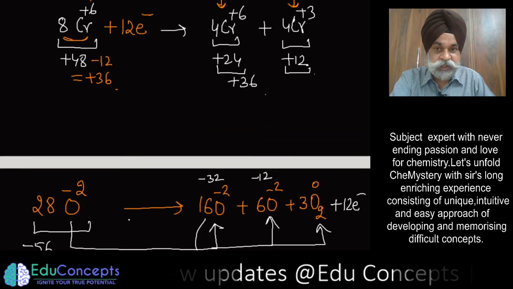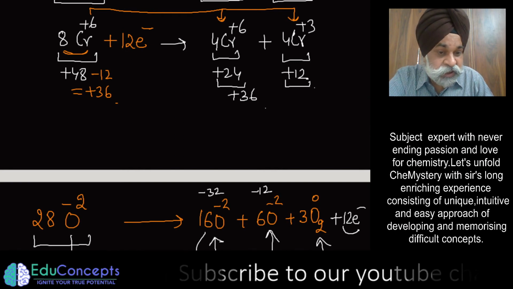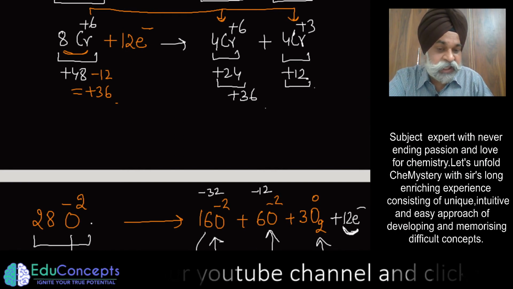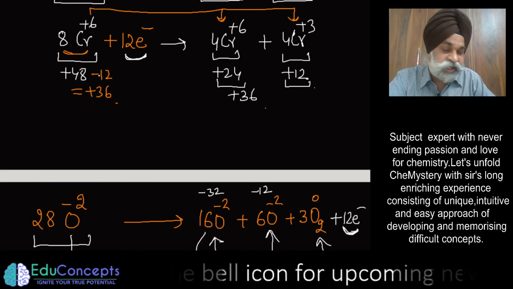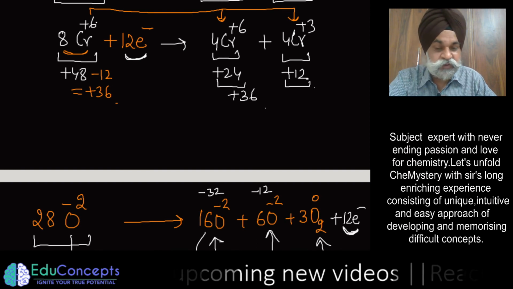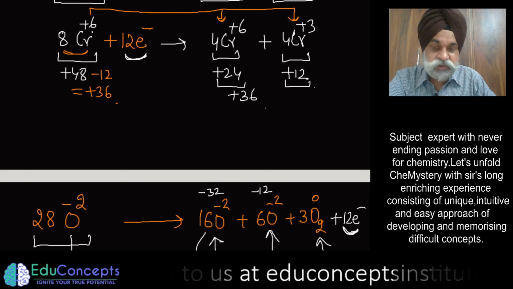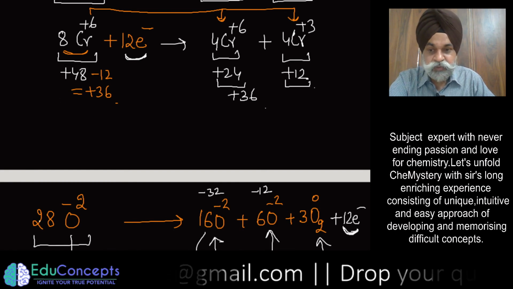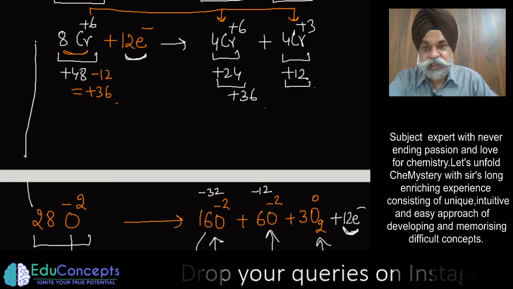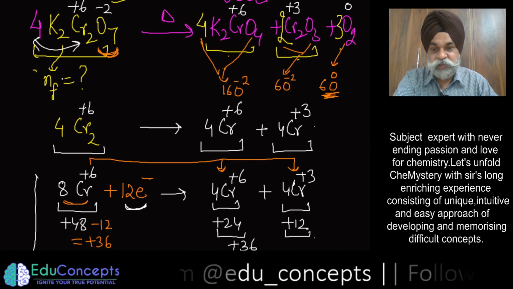Now let me sum up what basically I have done. The 12 electrons are being lost by 28 oxide ions, and those 12 electrons are being gained by 8 moles of chromium 6 positive. Now these 28 oxygen atoms and 8 chromium atoms of this particular oxidation state are both present in 4 moles of this compound.